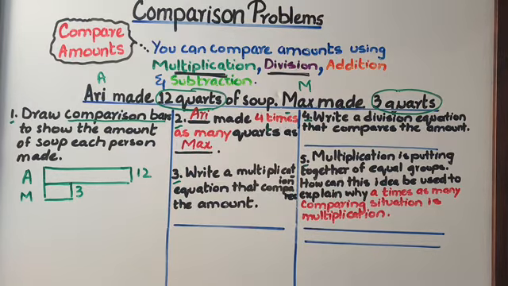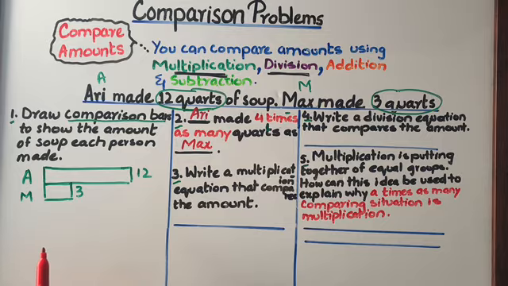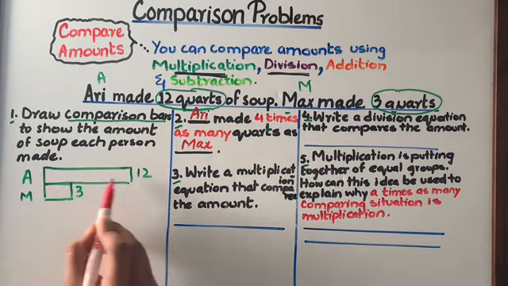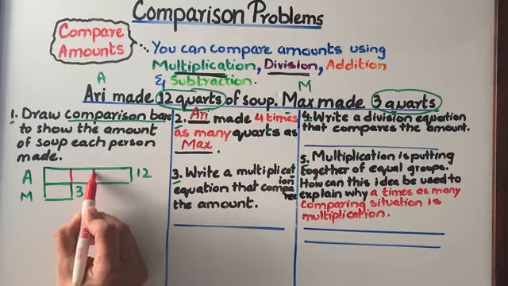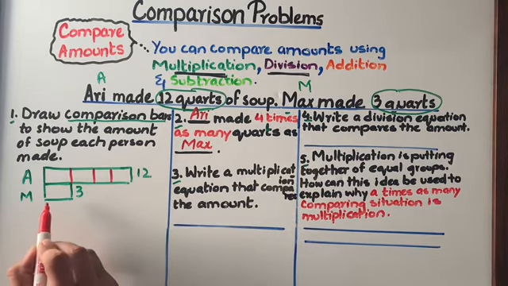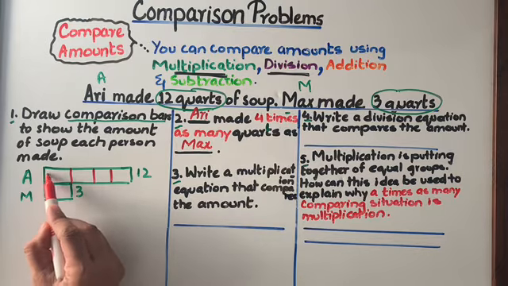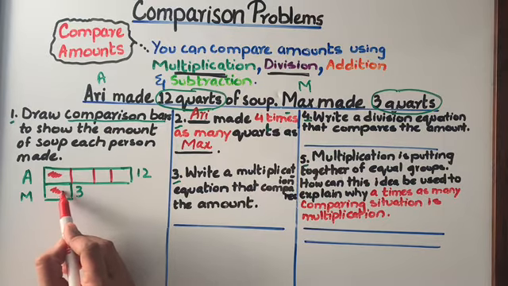Now I'm gonna update my bars after reading the second part, because now I know that Eddie made 4 times as many quarts. So I'm gonna divide this bar into 4 parts: 1, 2, 3, and 4. And 1 part of Eddie's soup is equal to the quantity of soup Max made.